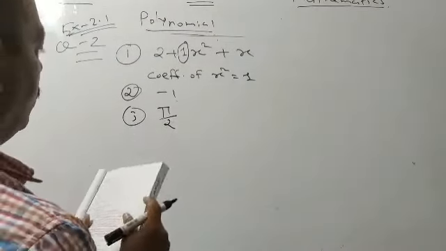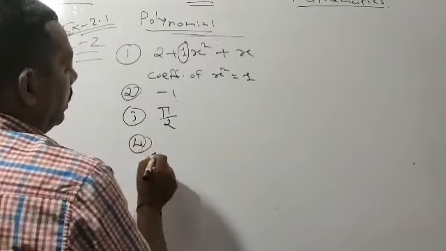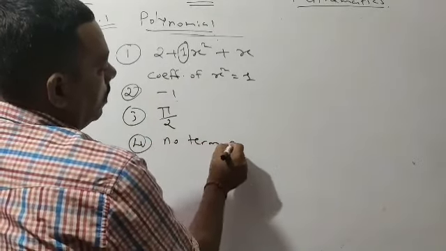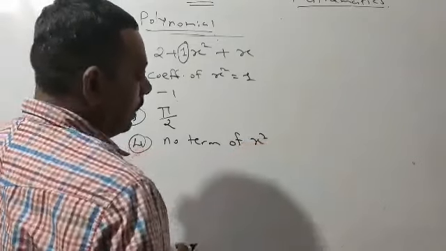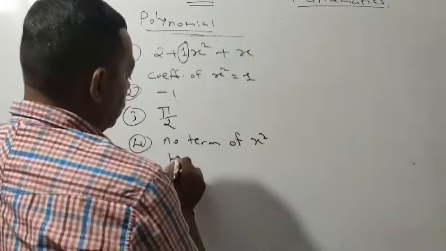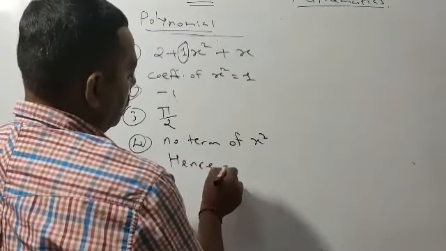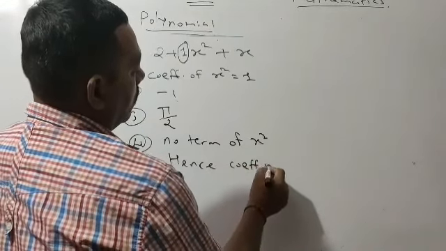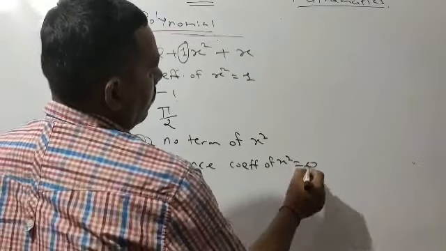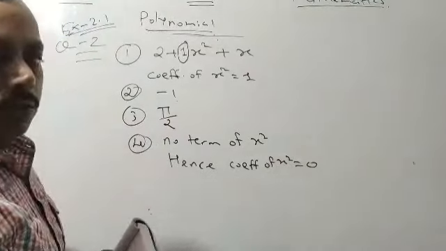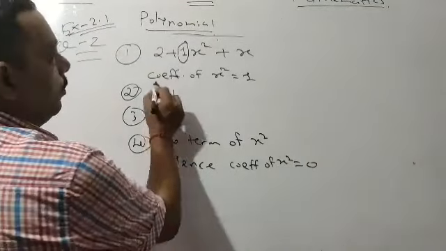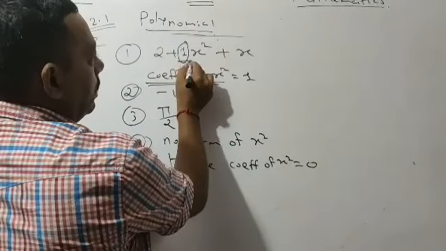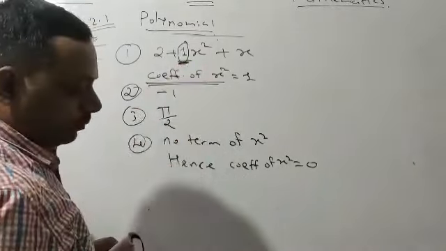And the last one, the fourth one, has no term of x square. Hence, the coefficient of x square is considered as 0. Now, is this clear? What do we mean by coefficient? Whatever is before x square is called the coefficient.